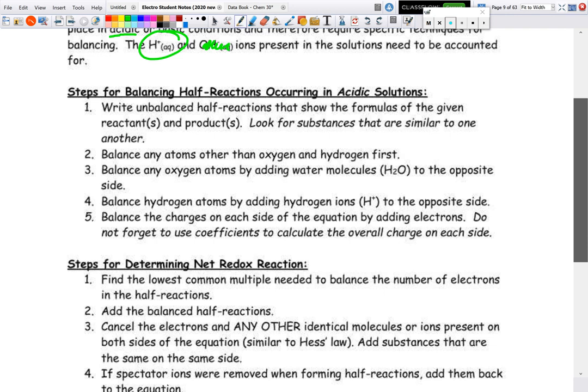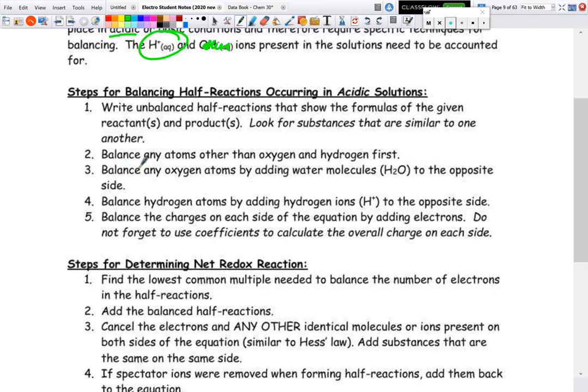In order to balance these under acidic conditions, first we're going to have to write the unbalanced half reactions to show the formulas of the given reactants and products. We won't know which one is oxidation and reduction, but once we get through all the balancing, then we'll figure out which one's which.